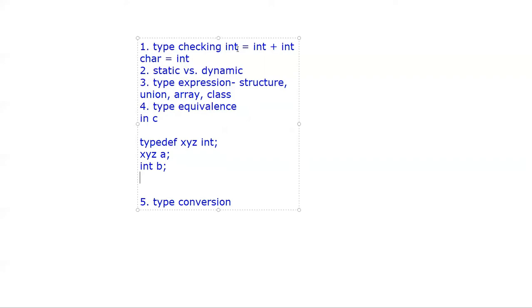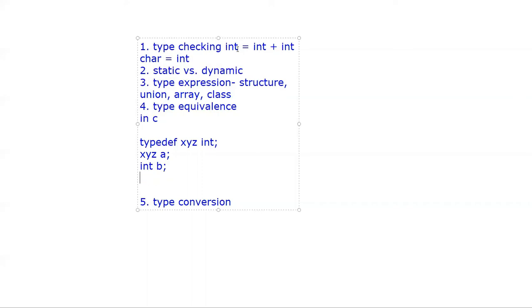The programmer will define this while developing the compiler, which kinds of expressions are equivalent and which kinds are not equivalent. Actually, if you see a program as an end user, then you can say that a and b are not equal. But actually, in the backend, xyz belongs to integer. It is actually a secondary name we have defined for integer, and b is directly defined as integer.